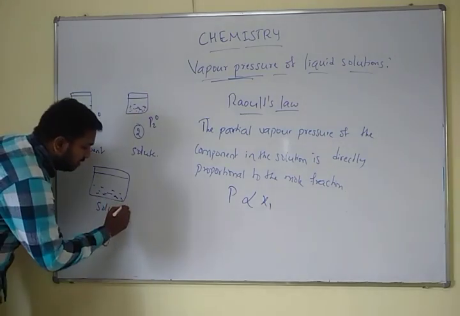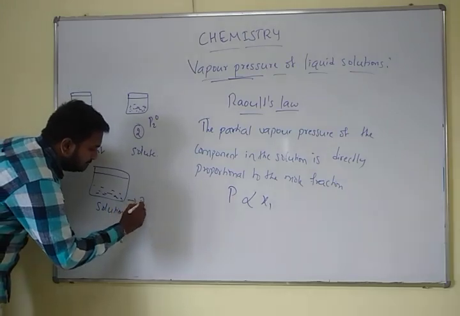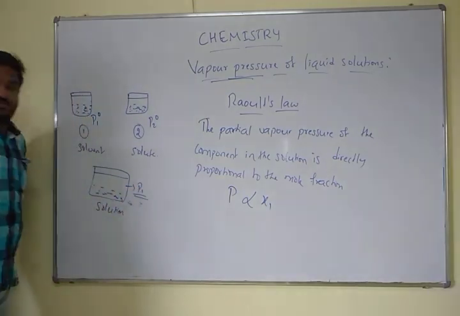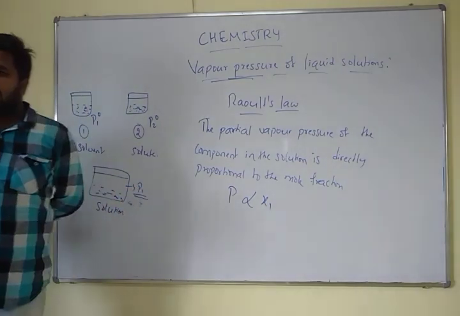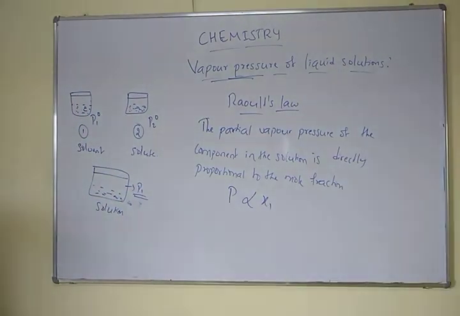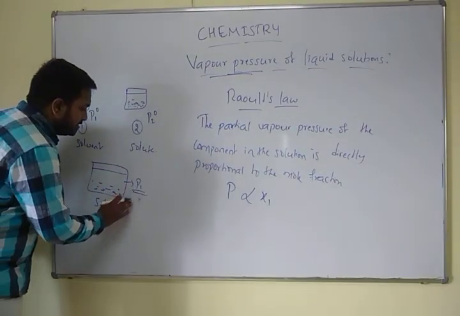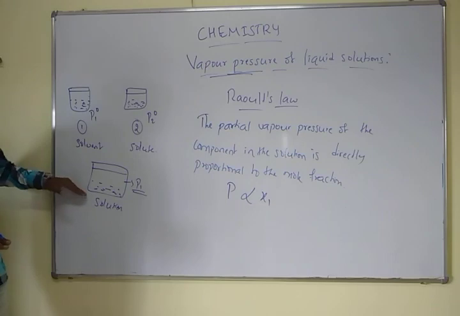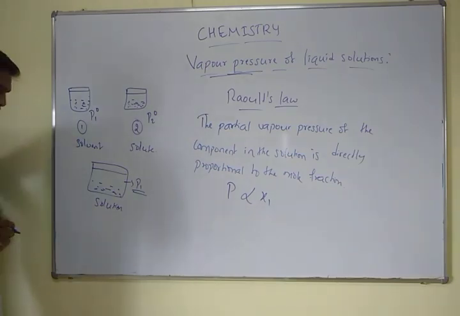So this we call it as P1. That means the vapor pressure is P1 in this case, P1 or P2. So in this case we have a solution here. Solution means it is the combination of solvent 1 and the solute 2. Clear?